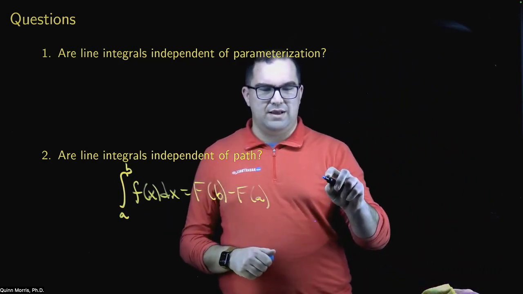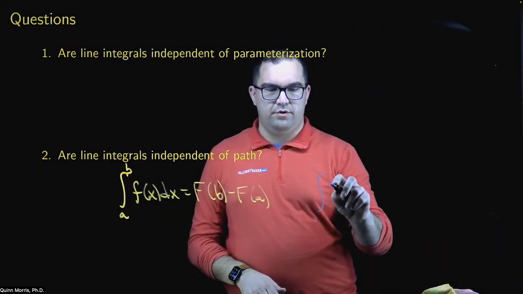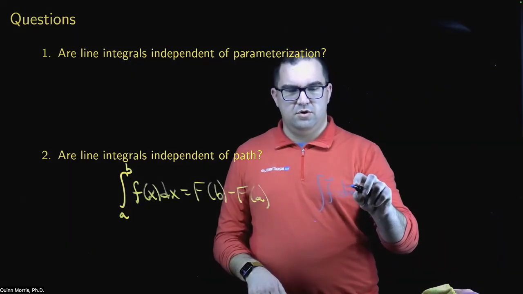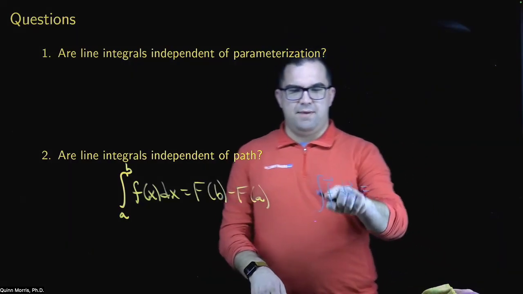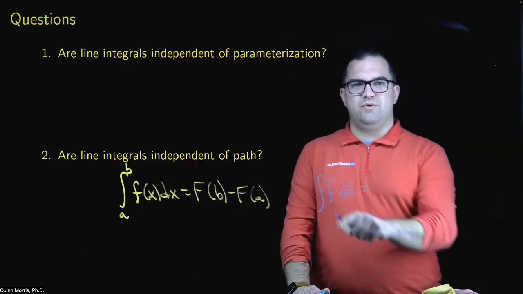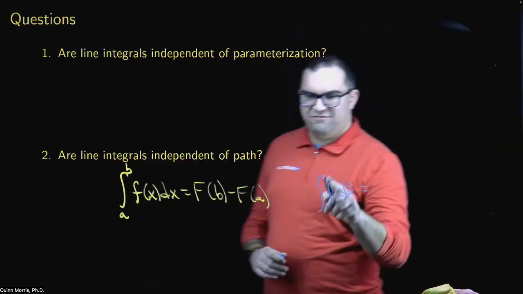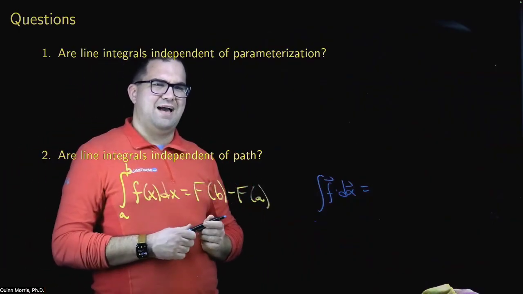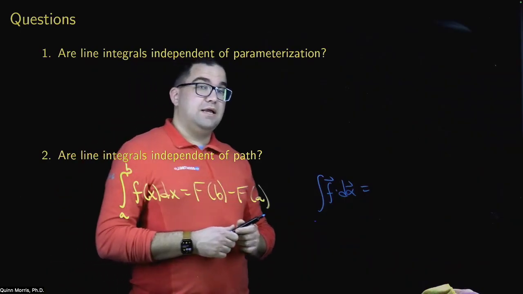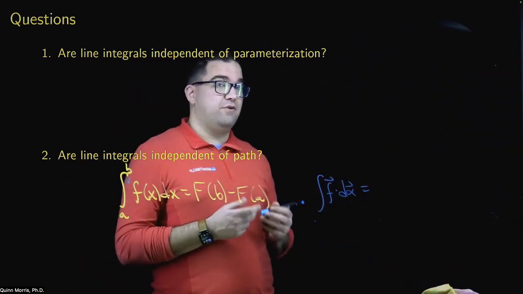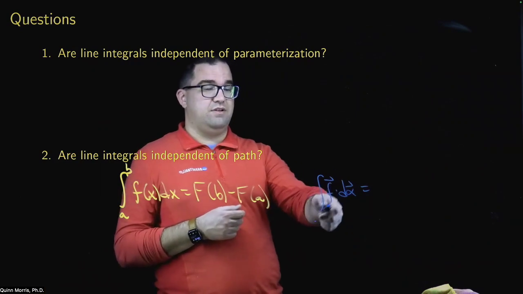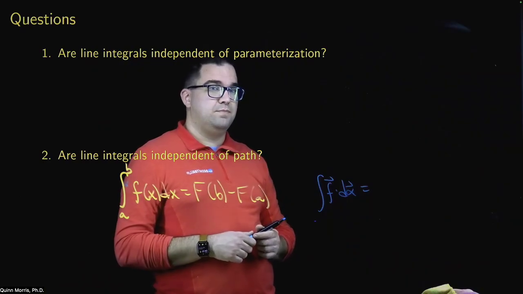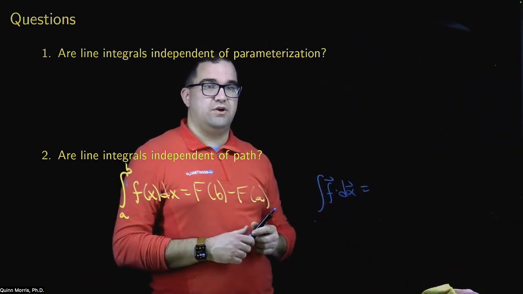If we think about writing something like this down for line integrals, this would need to say something about some sort of antiderivative of the vector field f. What does it mean for a vector field to have an antiderivative? We will come up with something like a fundamental theorem if we have an antiderivative of f. What that really means is we need a function whose gradient is this vector field f.